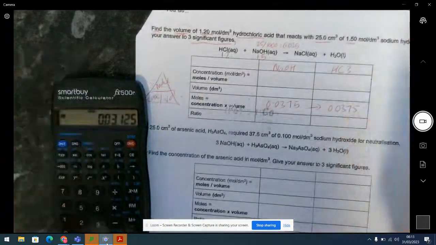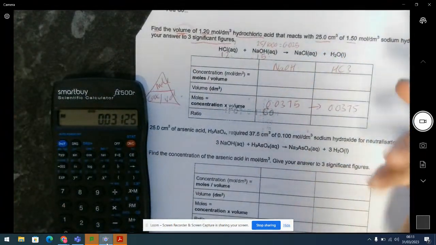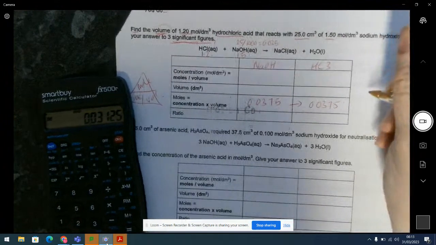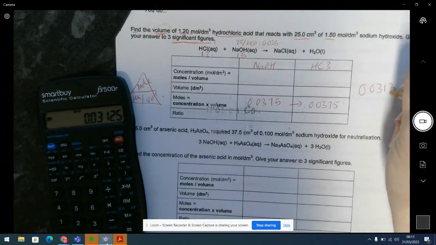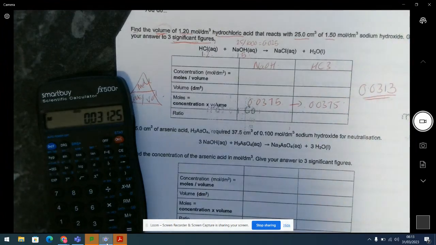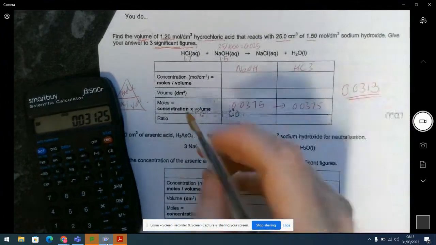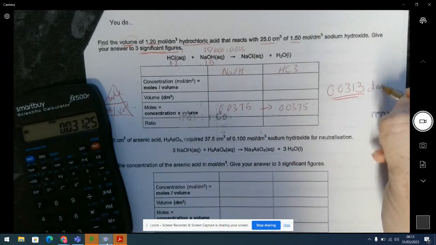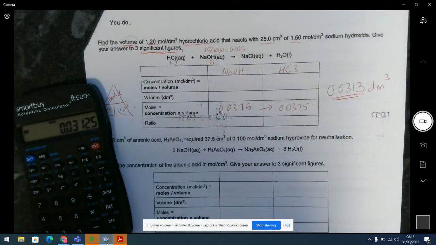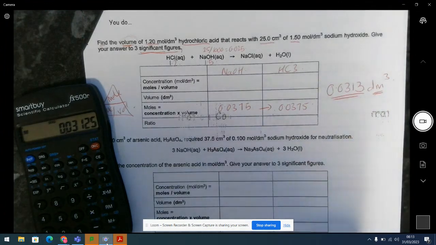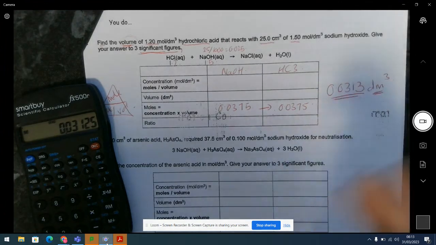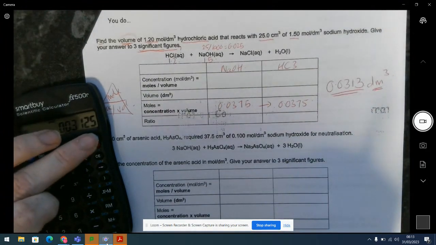That equals that number there, and it's asked me to do this to 3 significant figures. So 0.0313 would be my answer in that case. Again, because it's volume, the units would be decimeters cubed. And it might be a 5 marker because they're looking for you to show awareness of the fact that it's decimeters cubed. So just be mindful, look at the marks, we'll use that to help guide you.